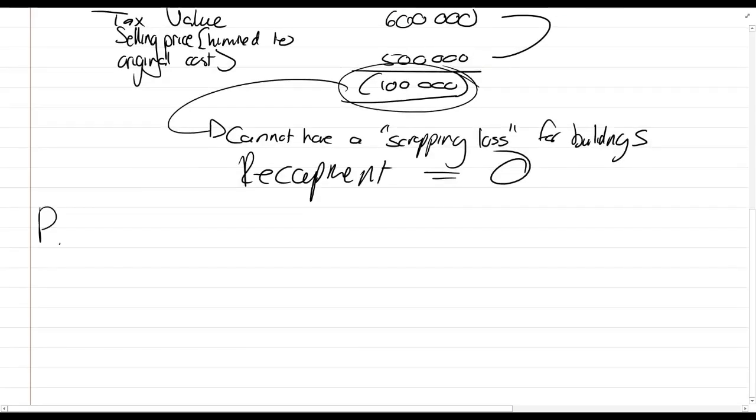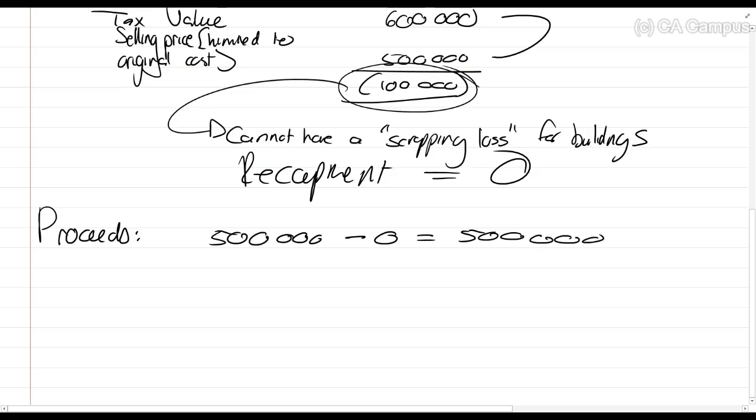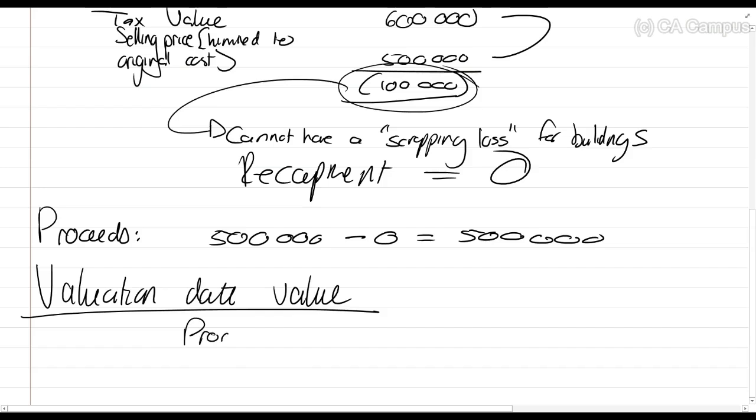So our proceeds is selling price minus recoupment, 500,000. Now we can choose our valuation date value. Proceeds is how much? 500,000.